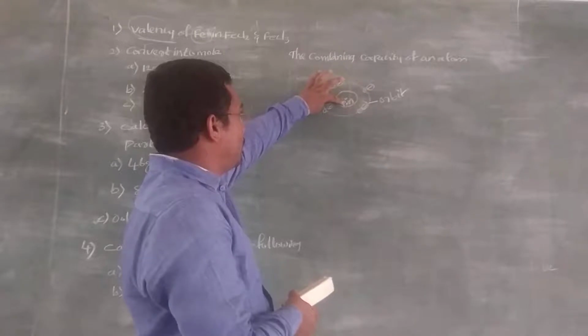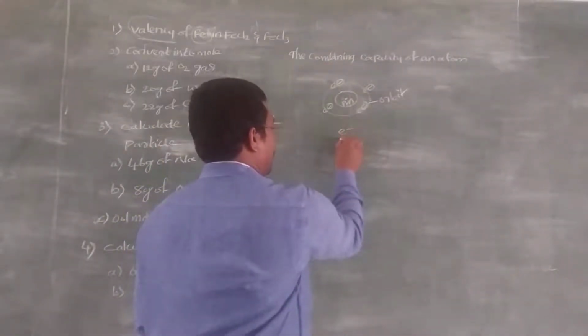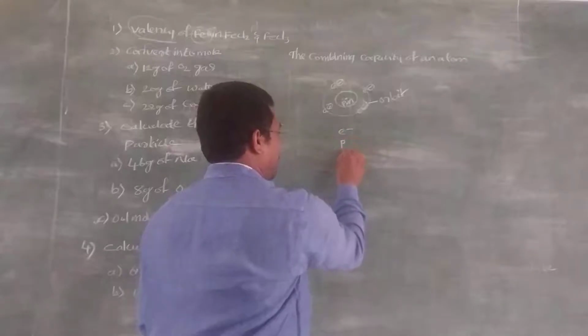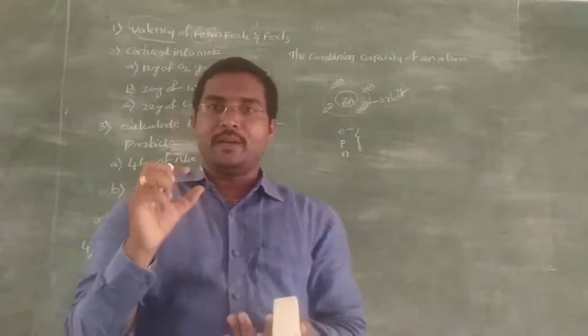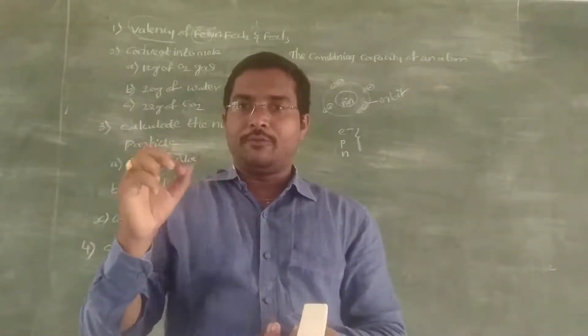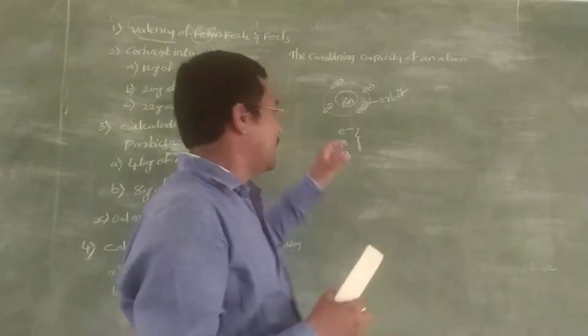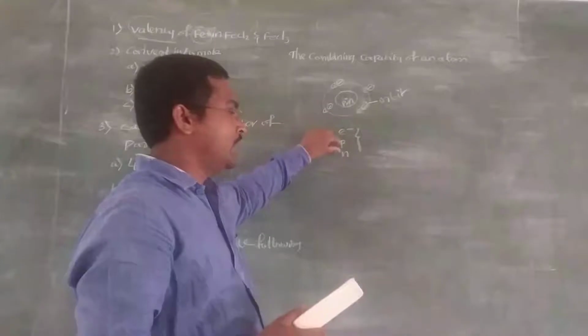Electron, proton, neutron. These three particles are called fundamental particles. Note down: the fundamental particles of an atom are electron, proton, and neutron.